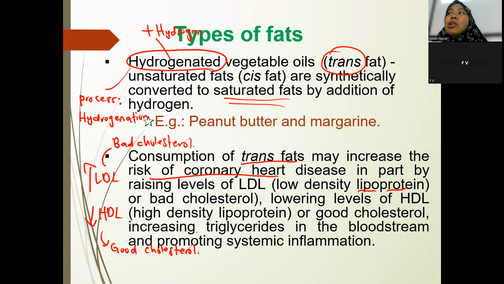Minyak daripada tumbuhan, minyak daripada ikan, that having high HDL. HDL tinggi, LDL rendah. So good cholesterol buat apa? Dia bawa lemak-lemak jahat jauh daripada organ. So tugas HDL. Okay. So kita kena ambil makanan yang tinggi HDL. Macam itulah.